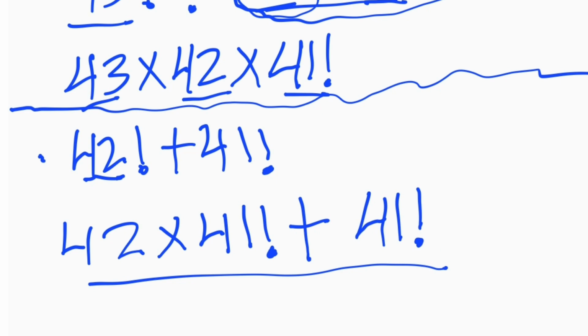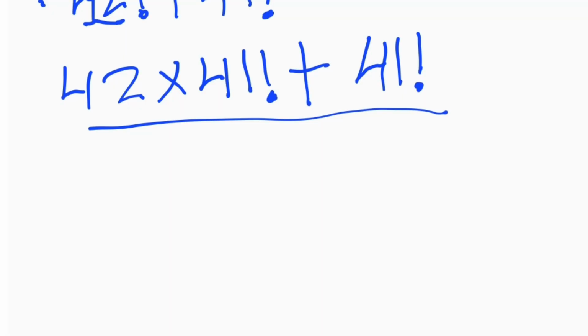We can do all of these things to see which is greater and which is smaller. After this, we are going to use the distributive property. So what does this mean?